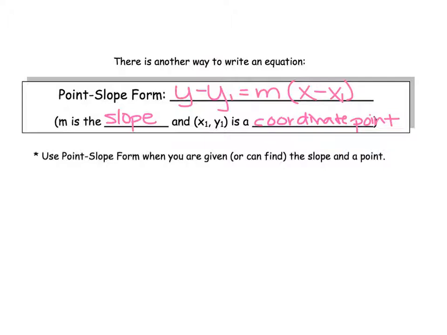We use point-slope form when we're given or can find the slope and a point.